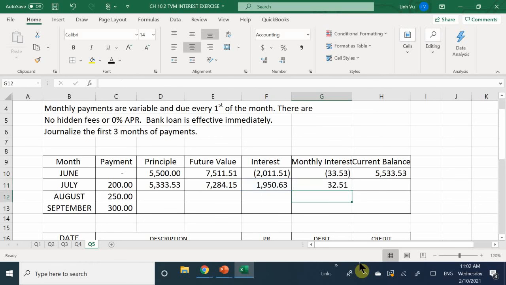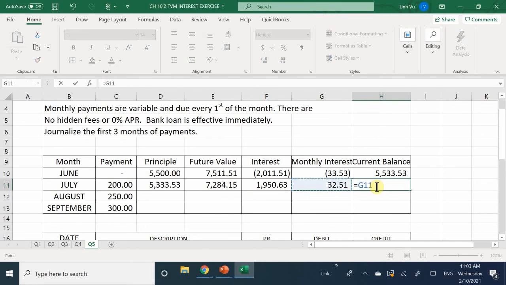So therefore, my interest here is now decreased by $32.51. So I'm going to have to add that to make my new current balance reflected as $5,366.04.